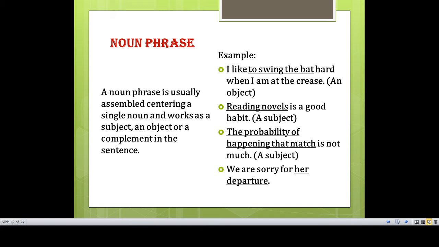But then it cannot give you a complete sense or complete meaning because it cannot stand on its own. That's the reason why it's called a phrase. It is assembled or grouped around a single noun. It works sometimes as a subject, sometimes as an object, or sometimes as a complement in a sentence.